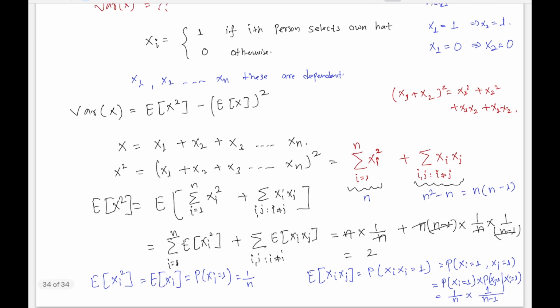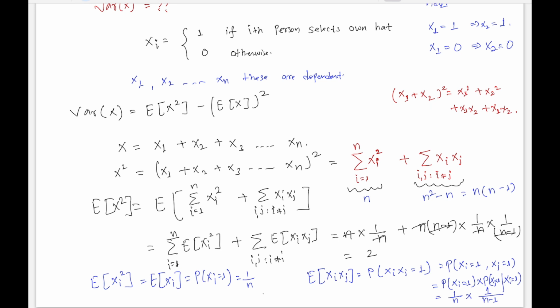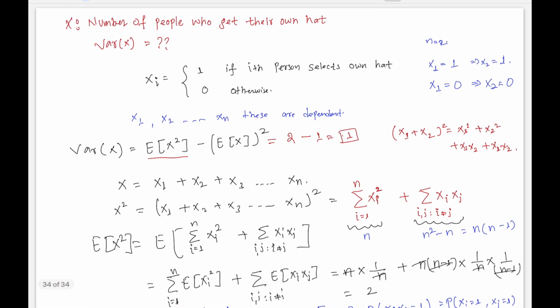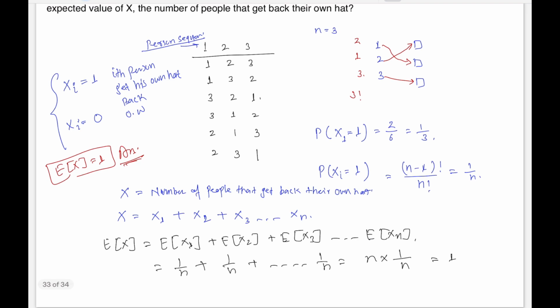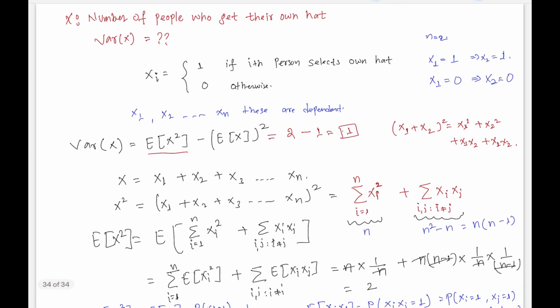So what we have found is that the expectation of the random variable x square is 2, but what we have to find is the variance. So this is 2 minus the square of the expectation of x, which we have already calculated to be 1. 1 square is 1, so again you will get the variance 1, right? So for this problem the expectation is 1 and also the variance is 1.